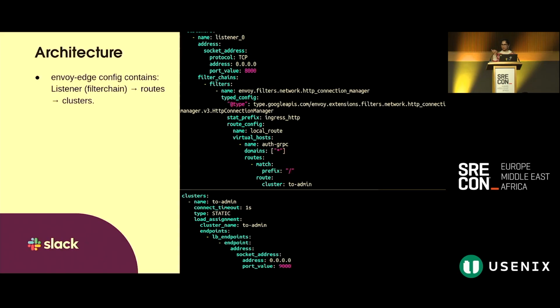As you can see in the snippets, it's a very minimalistic config. You have a listener, you have a bunch of filter sections, then you have routes, and then towards the end, there are clusters. You can have multiple filters, hence it's called a filter chain. And the most important thing here is that those filters are executed in the order that you add them.